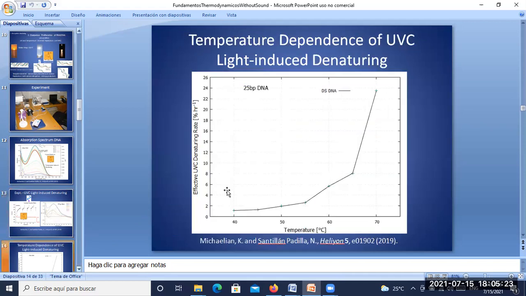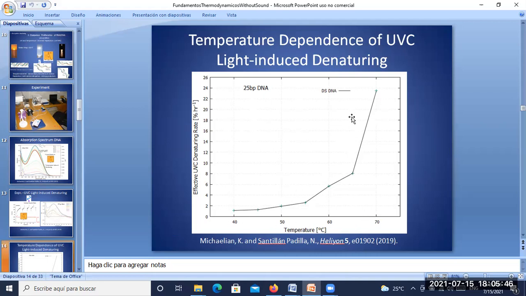Okay, in fact, if you look at the graph as a function of temperature, it goes up very quickly. So this is the amount of denaturing, in percent per hour, of this 25 base pair double strand DNA. And this is how the increase in denaturing goes with temperature.